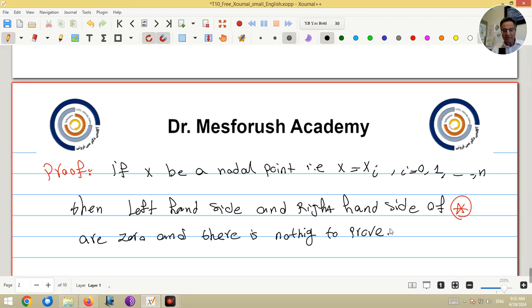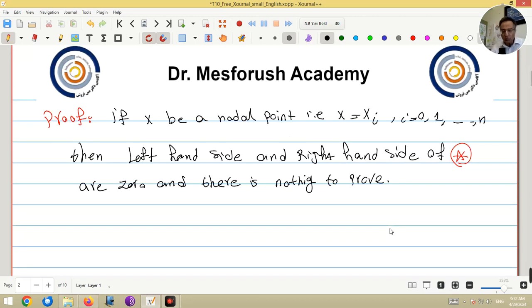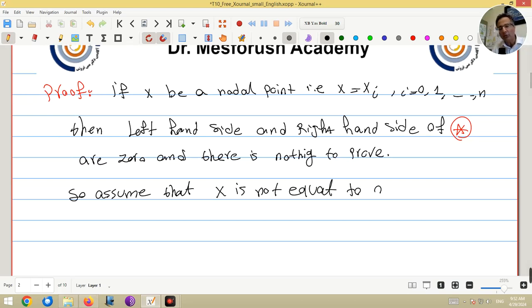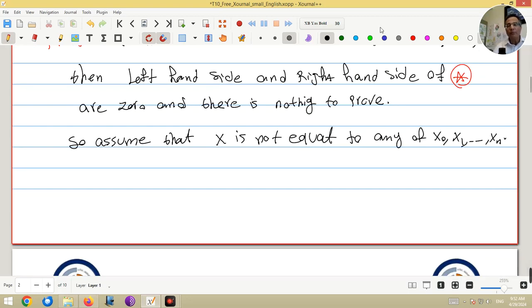So we have to assume that x is not equal to any of the nodal points. So assume that x is not equal to any of x0, x1 to xn. Now put two things.